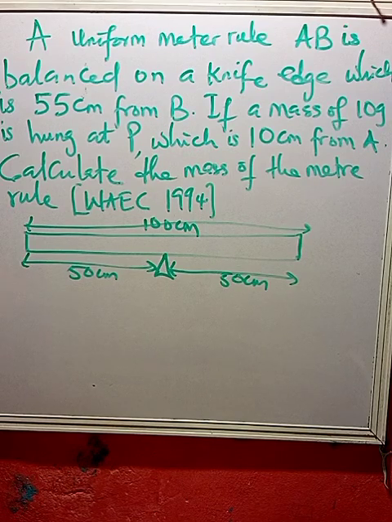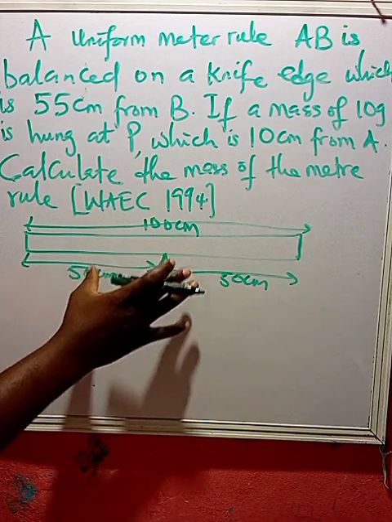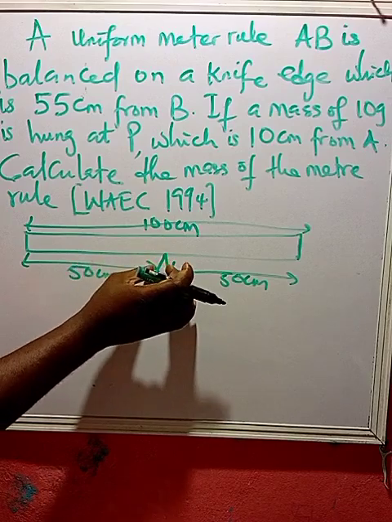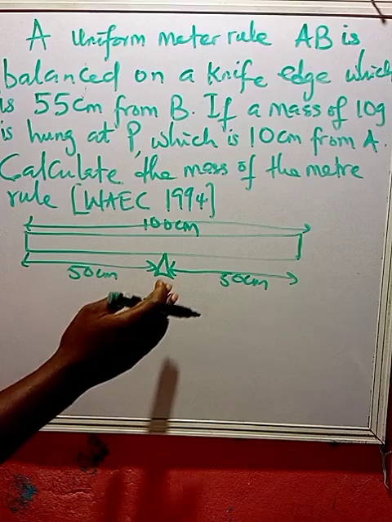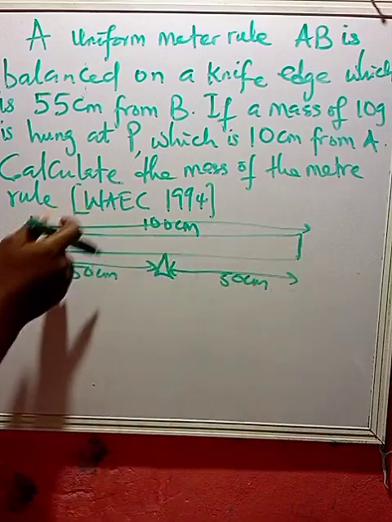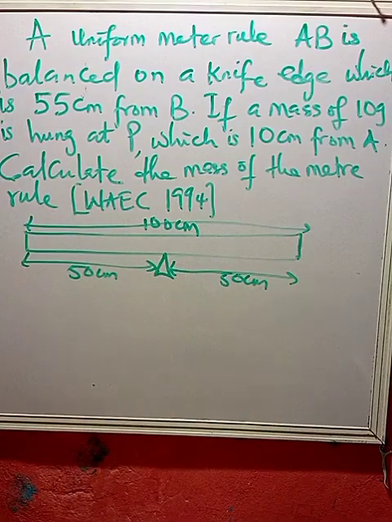So now we can say that this can be left on top of this pivot and is at equilibrium. Before we put forces here or forces here, this meter rule is at equilibrium on this pivot support.